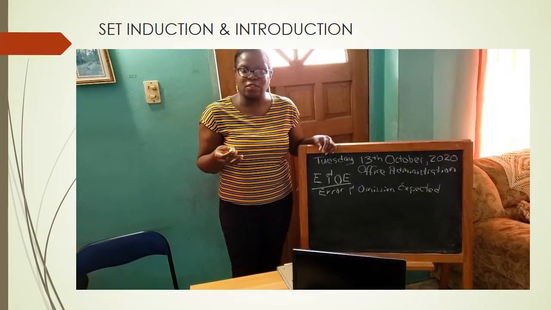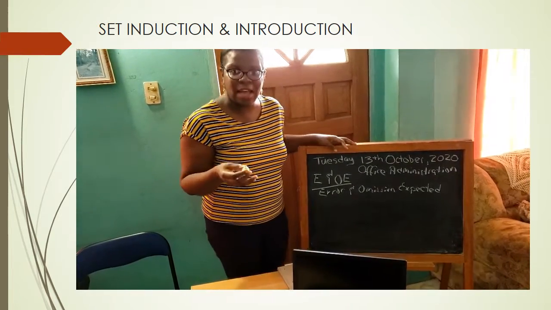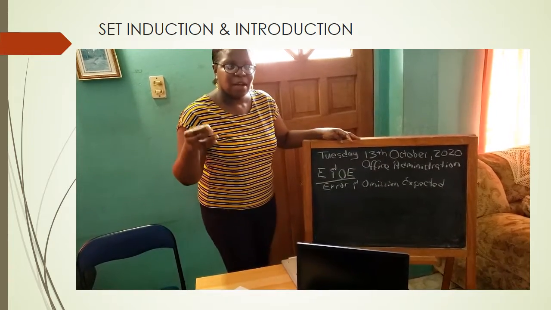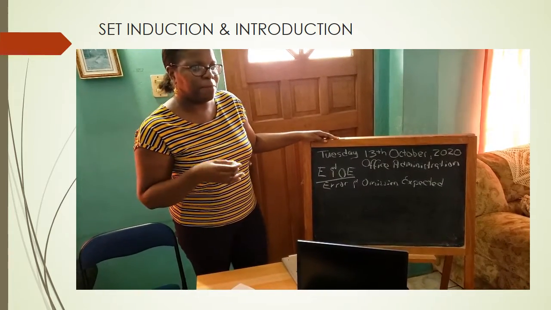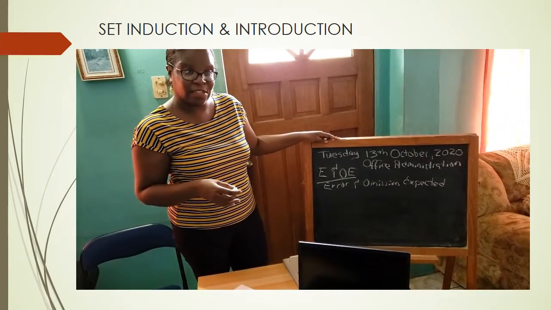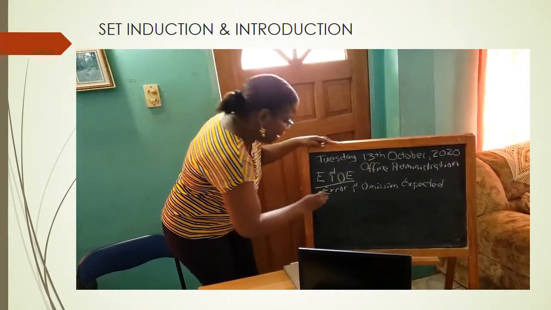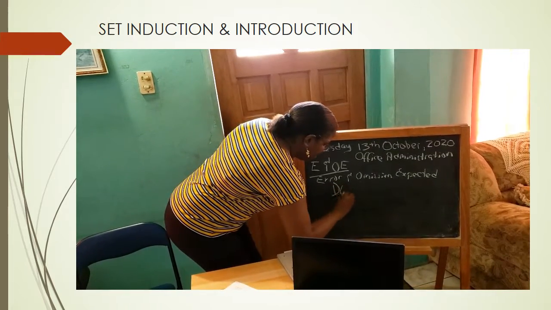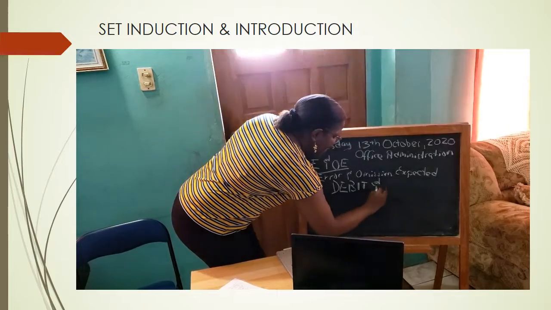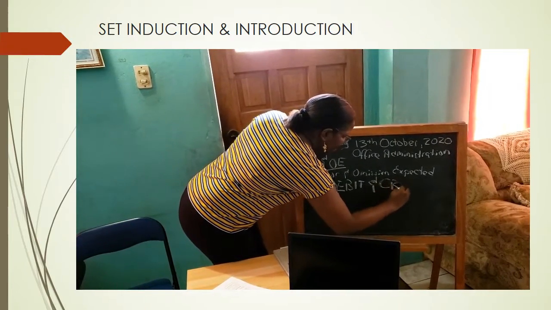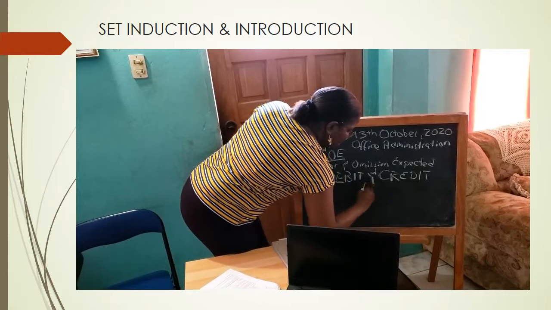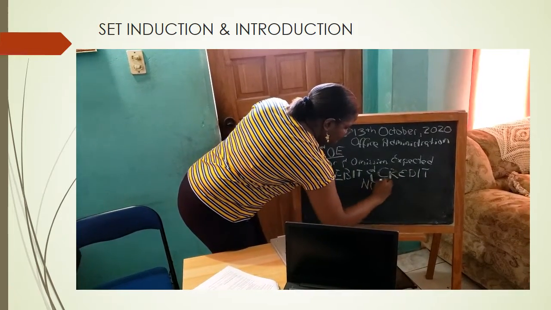In order to remedy and rectify that issue, companies prepare a document which we're going to be discussing in today's class, and the document is called a debit and credit note. So that's what we're going to be discussing in today's class.